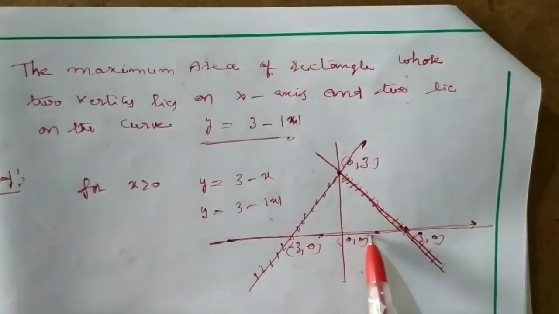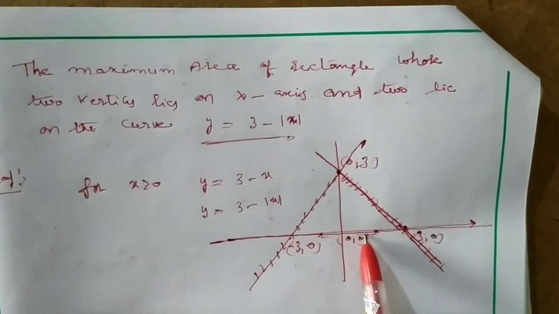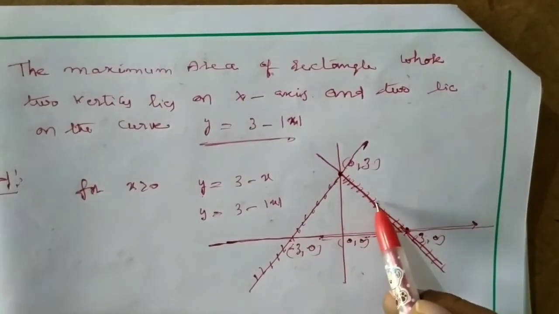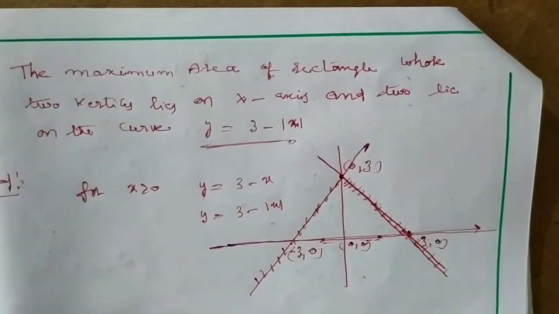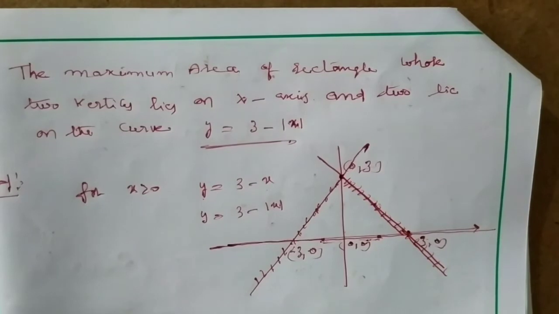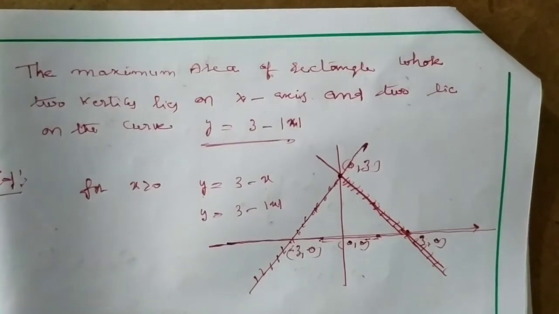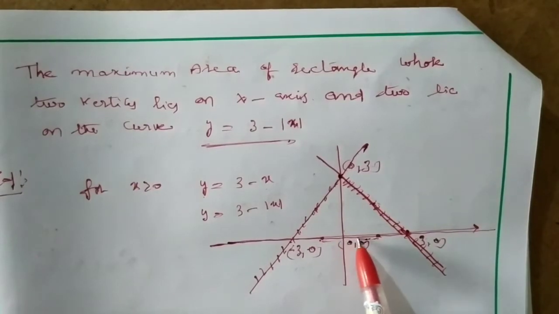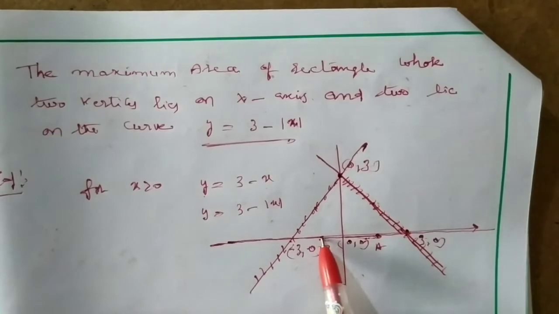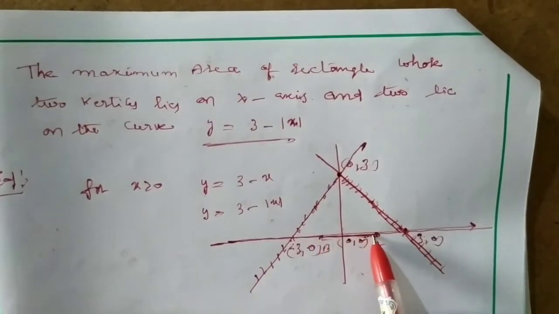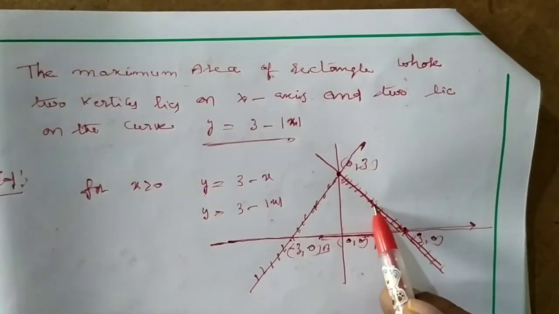If you take two vertices A and B here, the other two vertices on the line can be here and here, so that it forms a rectangle. Anywhere you can take. If you take the two points A and B, then two vertices lie on the x-axis and the other two should be taken on the curve.